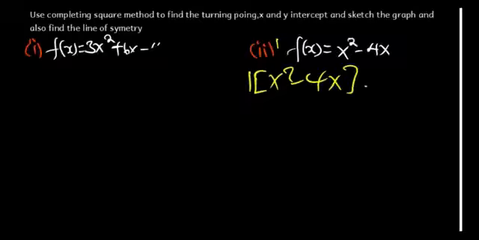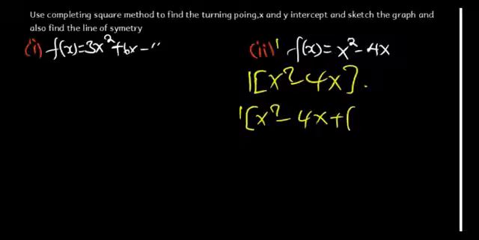So we need to find the half of this. That is also very, very important. So we have 1, so we have x squared minus 4x. Now it's going to be plus the half of this. What is the half of negative 4? It is negative 2. So I'm going to put a negative 2 there, squared, minus, I need to get the same thing, so I also square it.